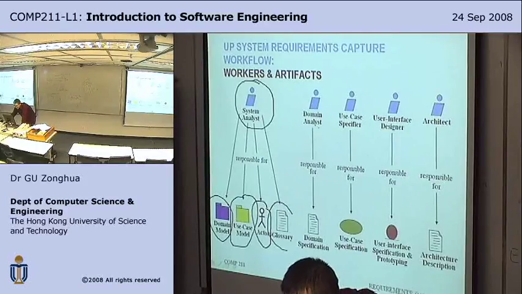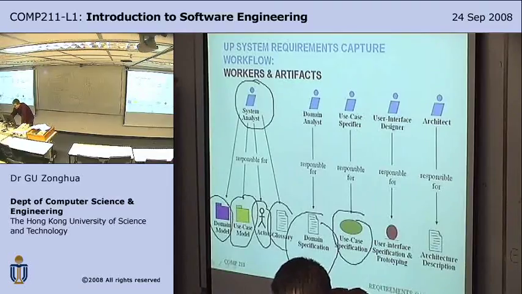And domain analyst is the person who is responsible for understanding the application domain. And use case specifier is responsible for doing the use case specification. User interface designer is responsible for designing the UI and prototyping. And architect is responsible for architecture description.